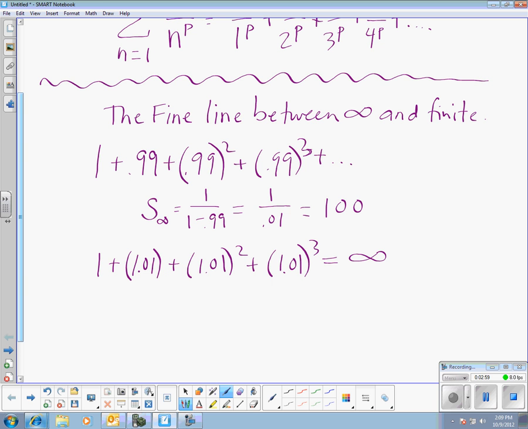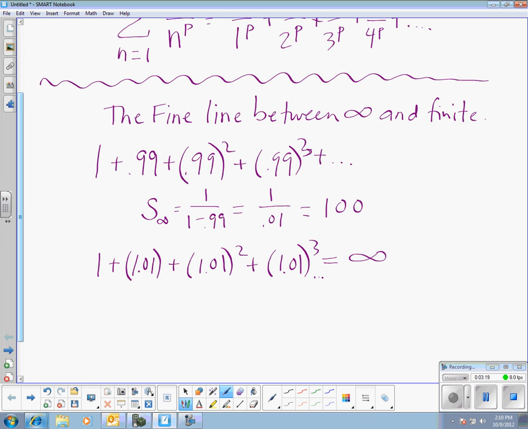In other words, those terms are not approaching 0. Those terms are diverging. So therefore, the series diverges. Any geometric whose r value is not between minus 1 and 1, not including minus 1 and 1, diverges.